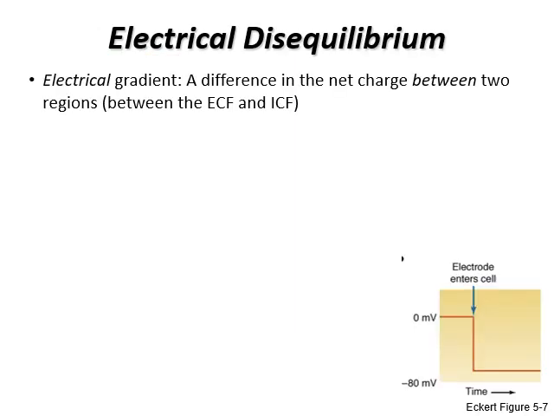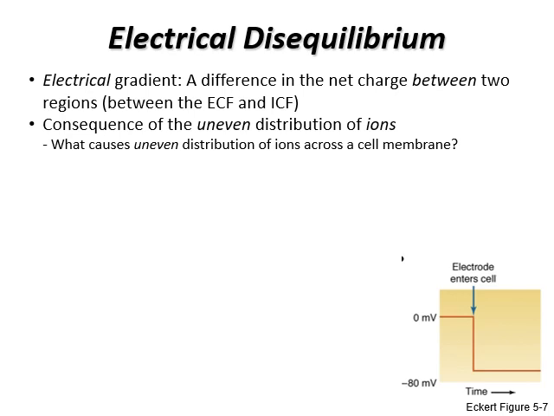And so what's giving us that electrical disequilibrium? As we saw, we have that chemical disequilibrium, and we've seen the permeability also, but the electrical net charge between the two regions. One of the main factors is the uneven distribution of the ions. Remember, our sodium is high outside, low inside, potassium the opposite.